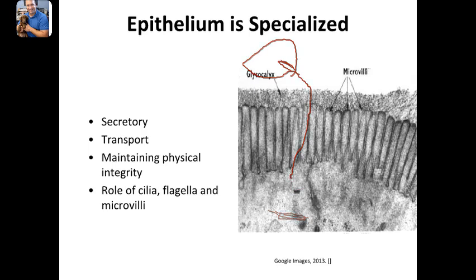We're talking about the physical integrity of this tissue layer here. It's protective. And here we've got the glycocalyx and sitting on top the microvilli, these little finger-like structures, and how these microvilli and the glycocalyx dramatically increase the surface area with their hills and valleys.